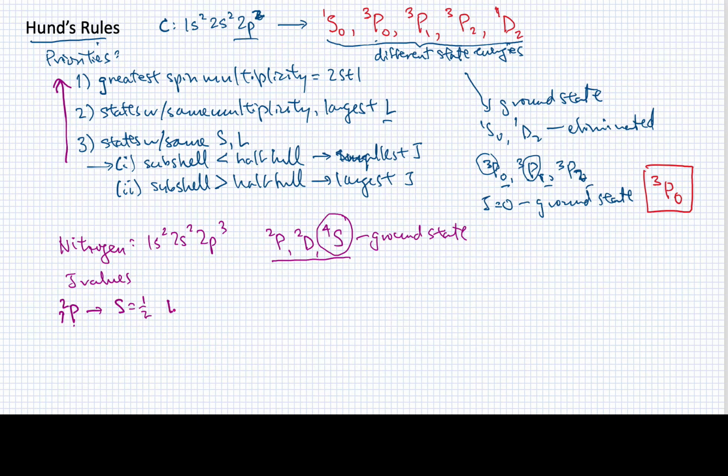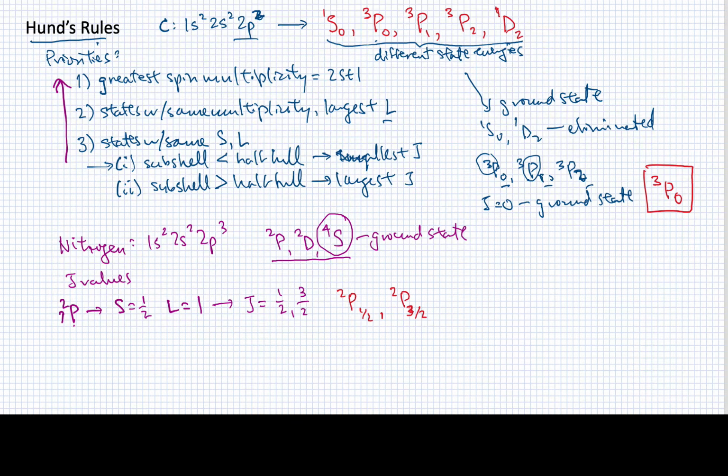Since it's P, L is equal to 1, so J can range from L minus S to L plus S. That means L minus S is 1/2, L plus S is 3/2. So we can get two different terms out of this: doublet P 1/2 and doublet P 3/2.